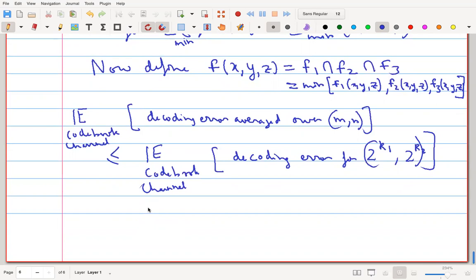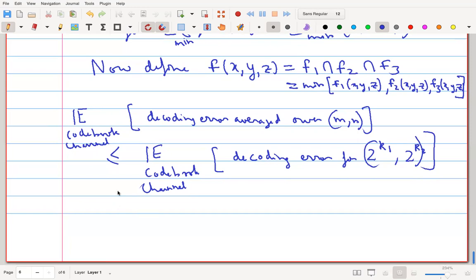So when will there be decoding error for the message pair 2 to the R1, 2 to the R2? There will be a decoding error if Charlie accepted at an earlier candidate, plus the case where Charlie has reached the last candidate but has rejected it. So these are the two sources of errors.